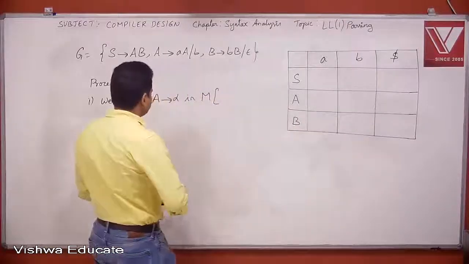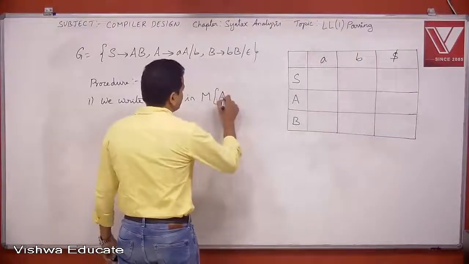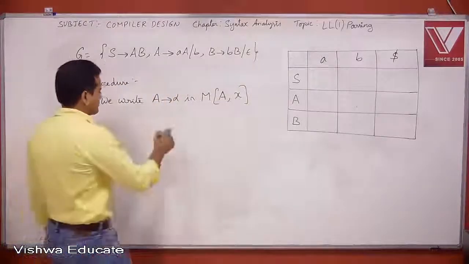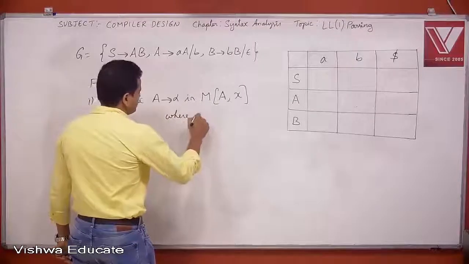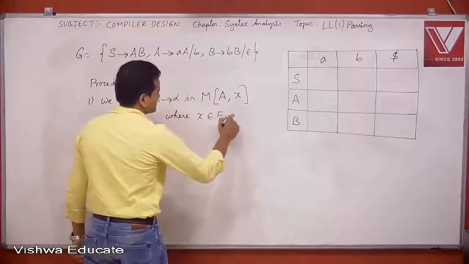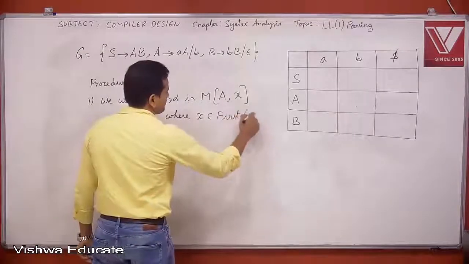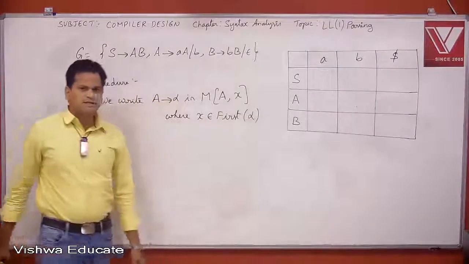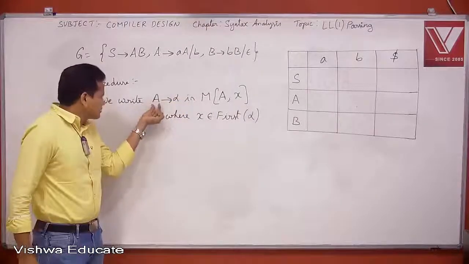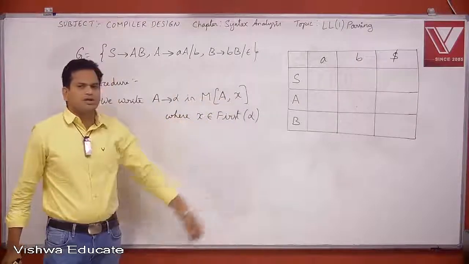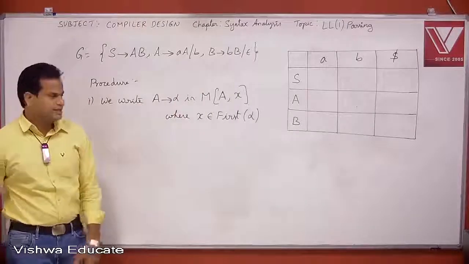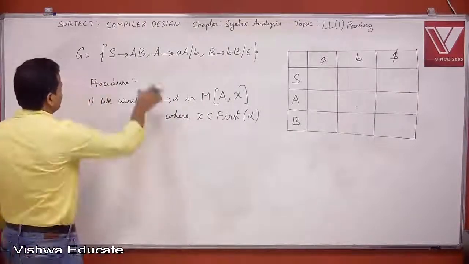So write this A derives alpha in the A row and x column, where x is first of alpha. I repeat, we write A derives alpha in the box of A row and x column, where x is first of alpha. Based on this, I make the entry.